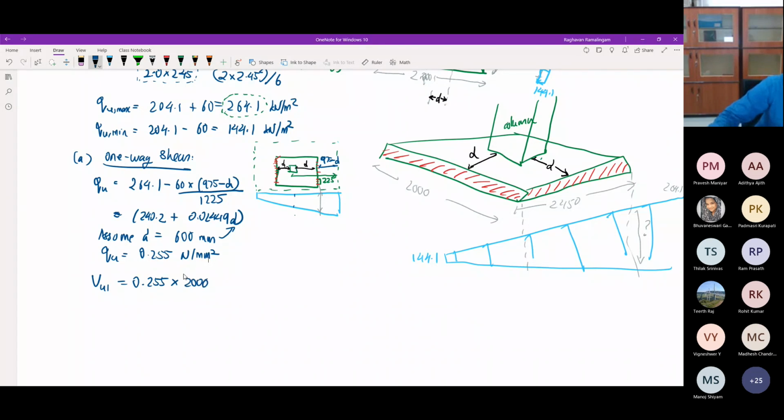So 2000 is the length of this face, and the width of that face is 975 minus D. Then VU1 is 497,250 minus 510 D, this many newtons.